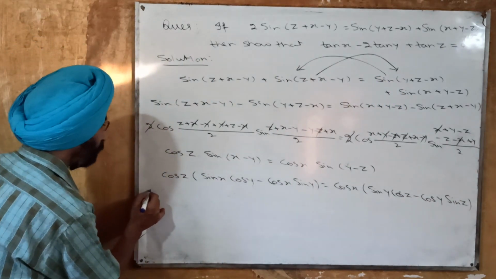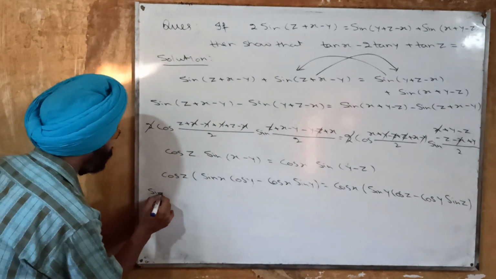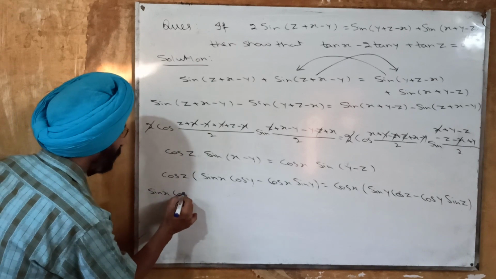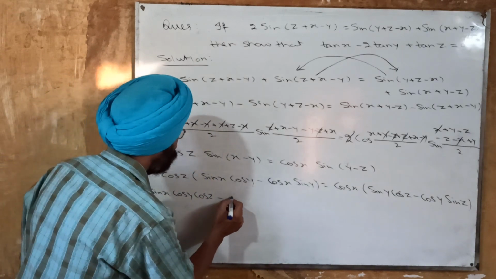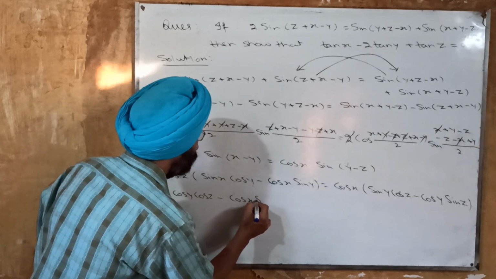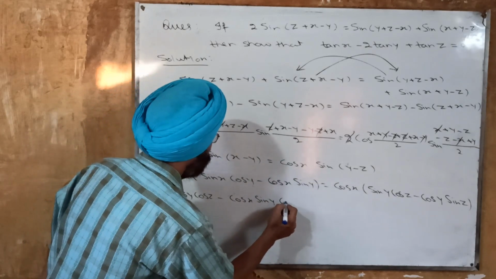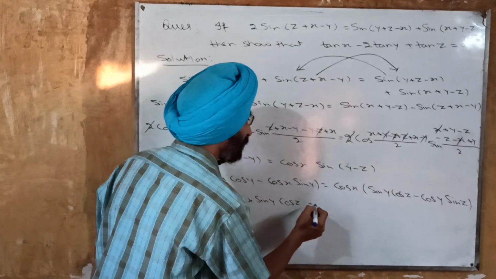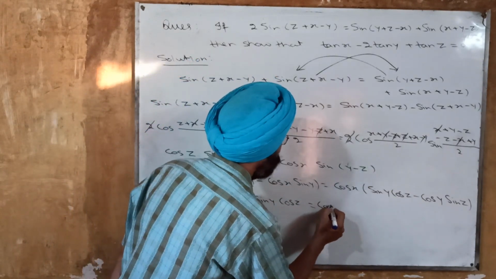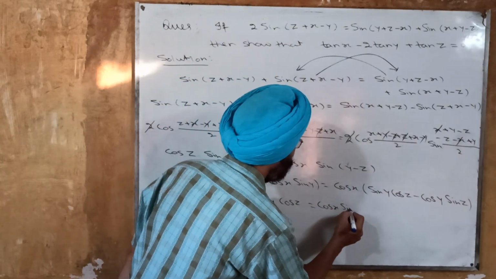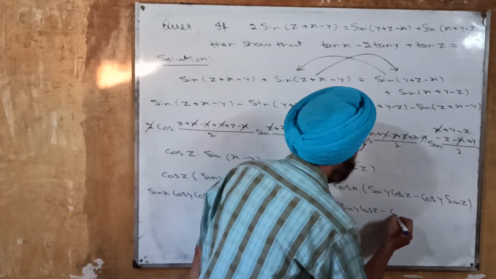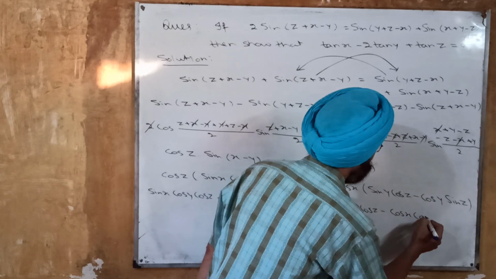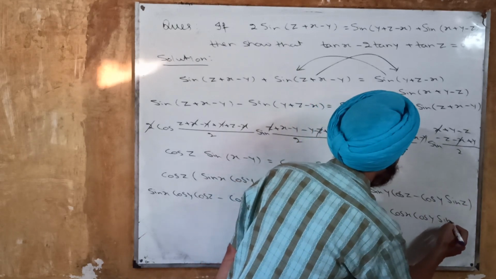You will get sin x cos y cos z minus cos x sin y cos z is equal to cos x sin y cos z minus cos x cos y sin z.